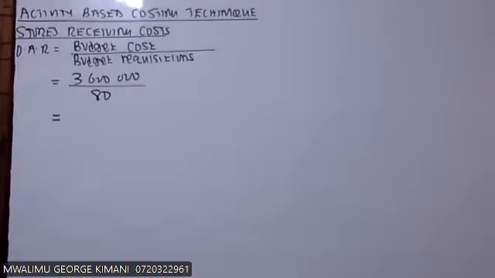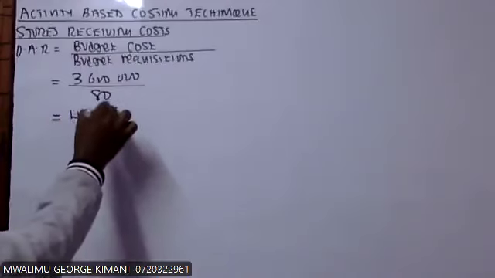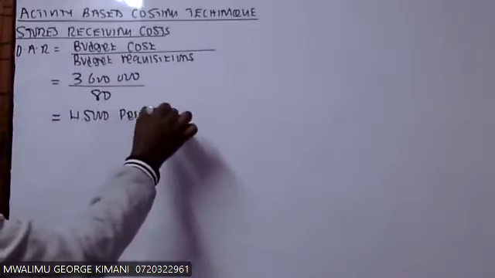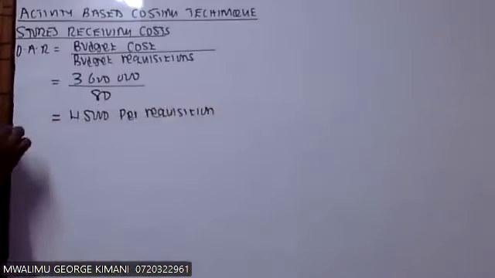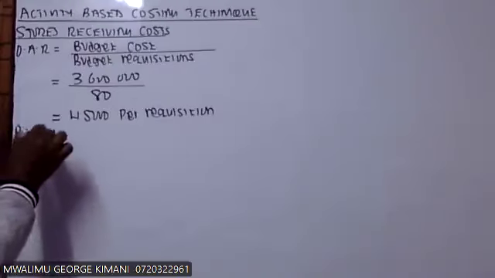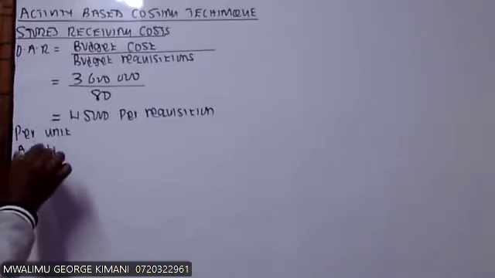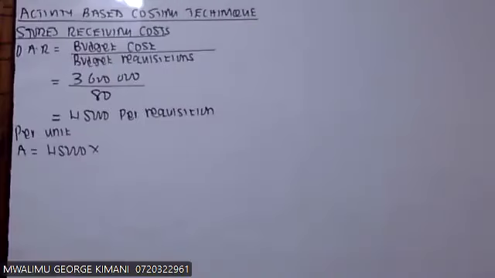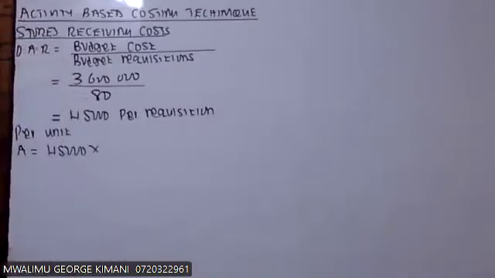$45,000. Now this is 45,000 per requisition. So per unit, we start with A. It will be 45,000 times the number of requisitions. There are 20.